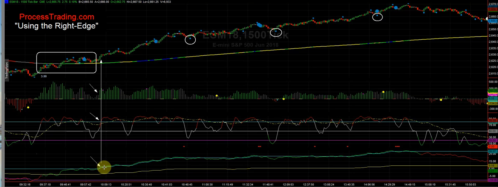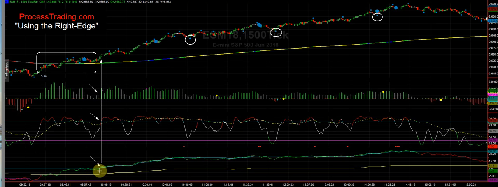As well, the upper bound is starting to slope, and that's part of the uniqueness of this indicator: it not only forms an oscillator with the upper and lower bound, but those upper and lower bounds change in their relationship as far as width, and that helps them form channels that we can also discern information from.